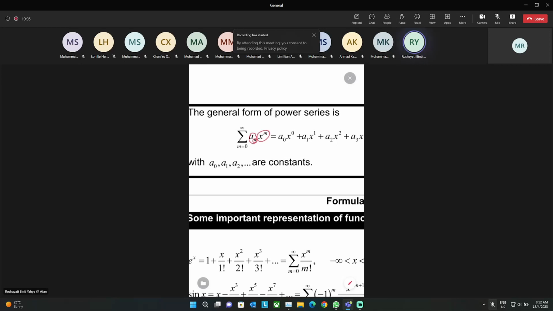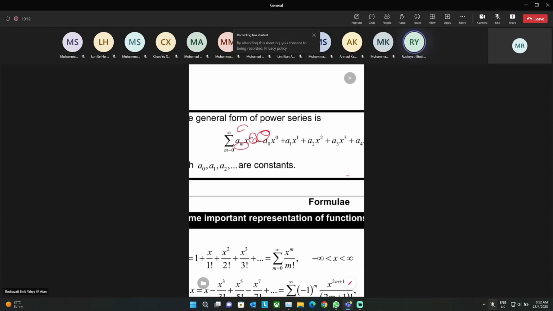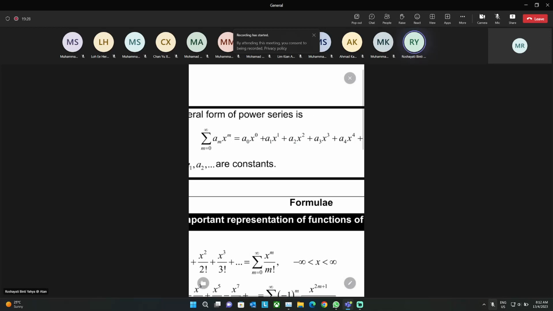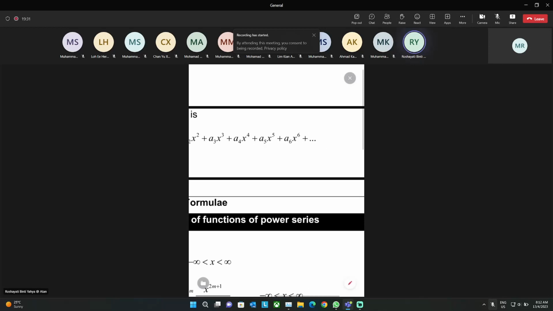Okay, since we have m starting from 0 to infinite, this summation becomes a0 x^0 plus a1 x^1 plus a2 x^2 plus a3 x^3, and if you look here, it goes to dot dot dot.